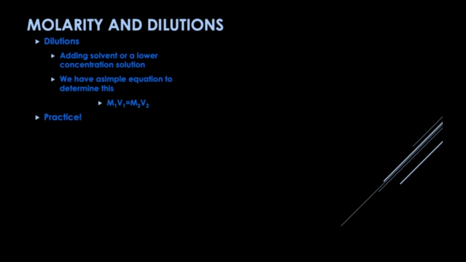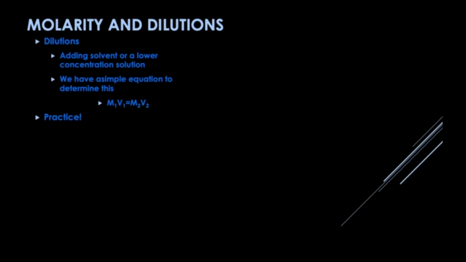You can either add a solvent, a pure solvent, or you can add a lower concentration solution to whatever you are trying to create. There are benefits and drawbacks for both of these, so if you're trying to make sure that you get just the right amount, it might be easier to do it with a lower concentration solution. If you're just trying to get it down quickly, then you want to add a solvent.